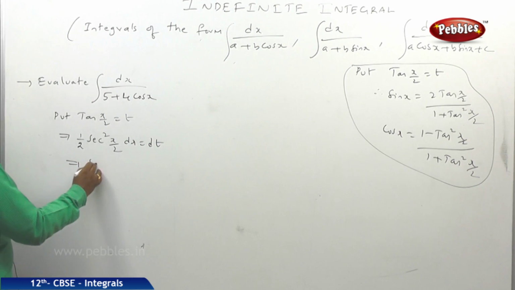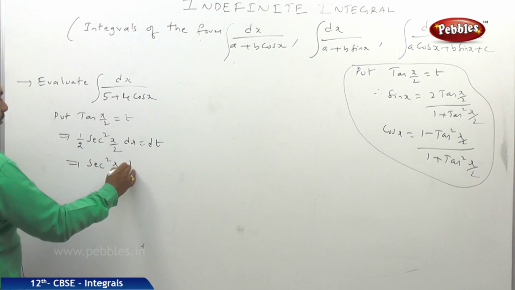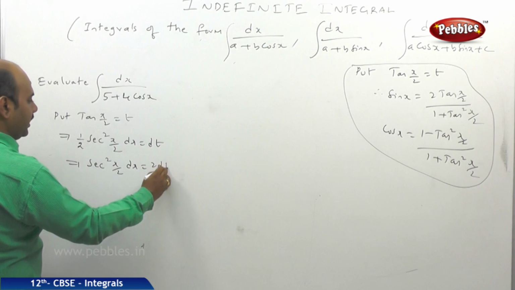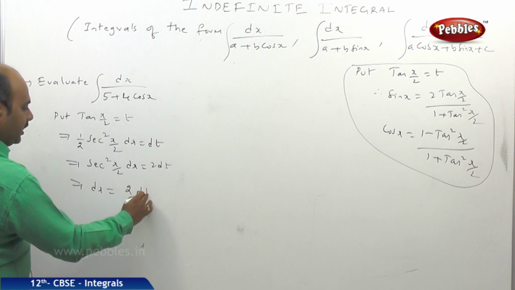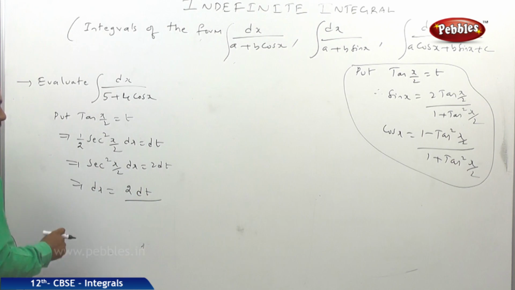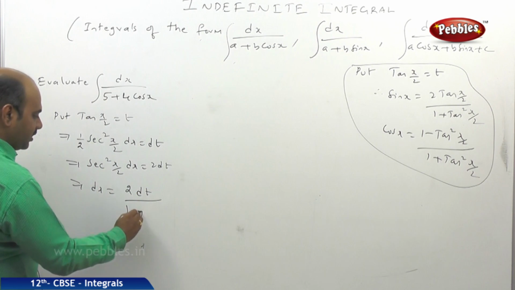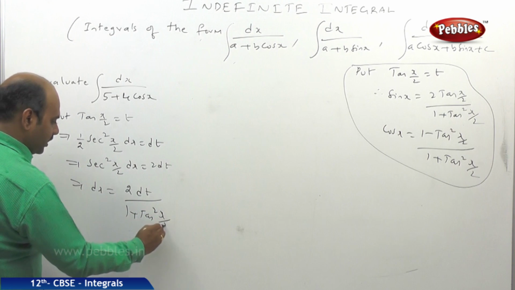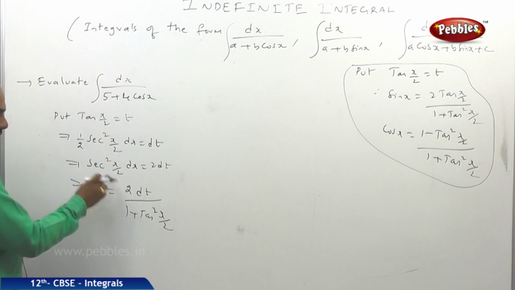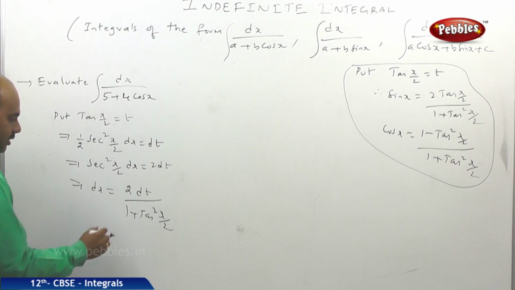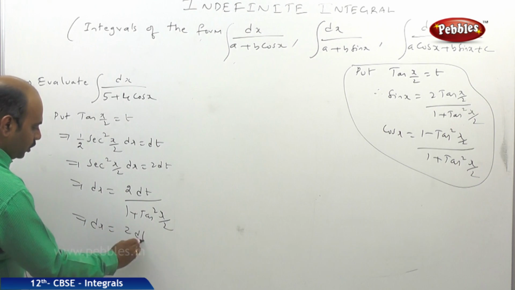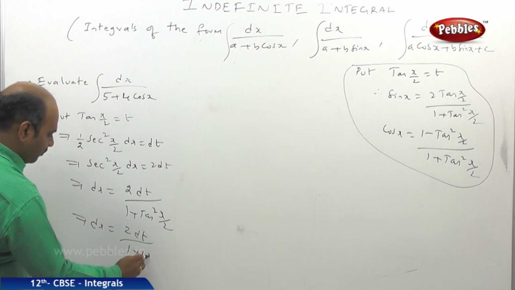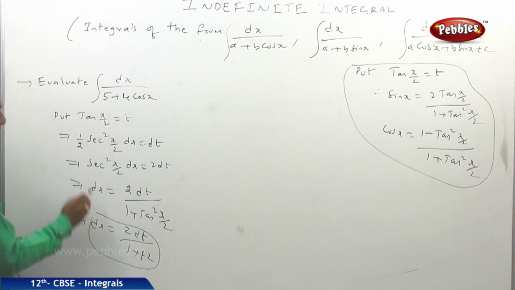So secant square x by 2 dx is equal to 2 dt, and dx is equal to 2 dt divided by secant square x by 2. Secant square x by 2 I can write as 1 plus tan square x by 2, and finally dx turns out to be 2 dt by 1 plus t square.